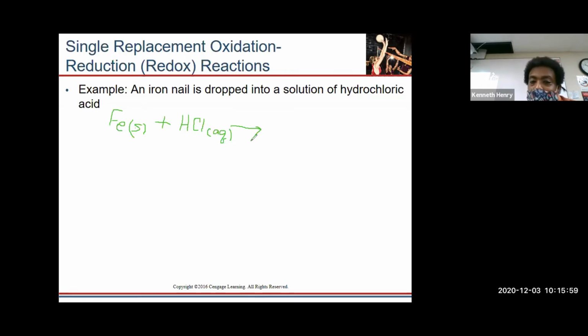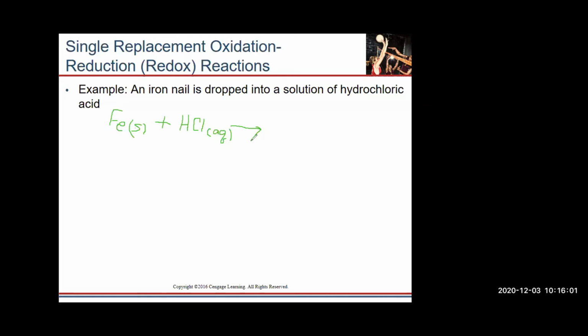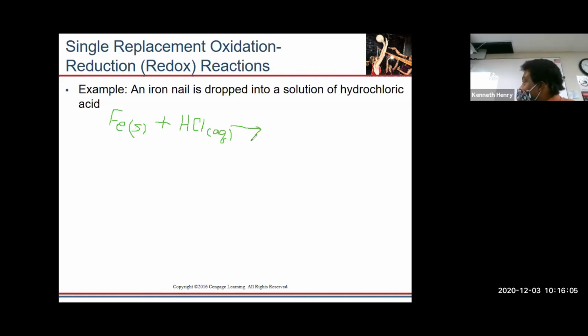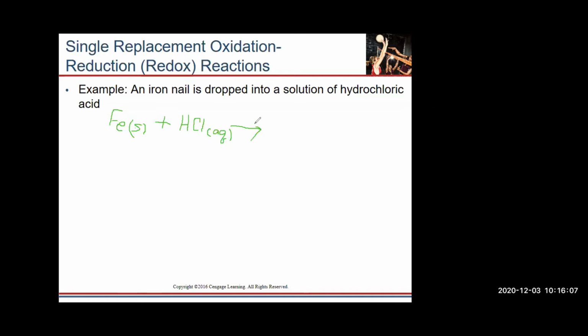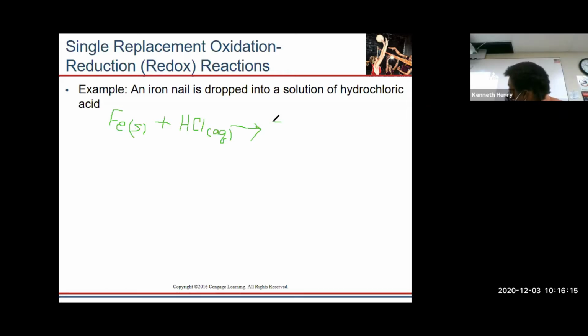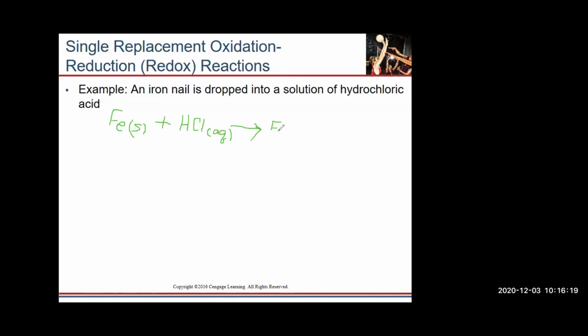Who's going to be the new girlfriend? Or boyfriend? FeCl. Iron chloride. So we're going to end up with iron chloride. So that's Fe what? FeCl2.